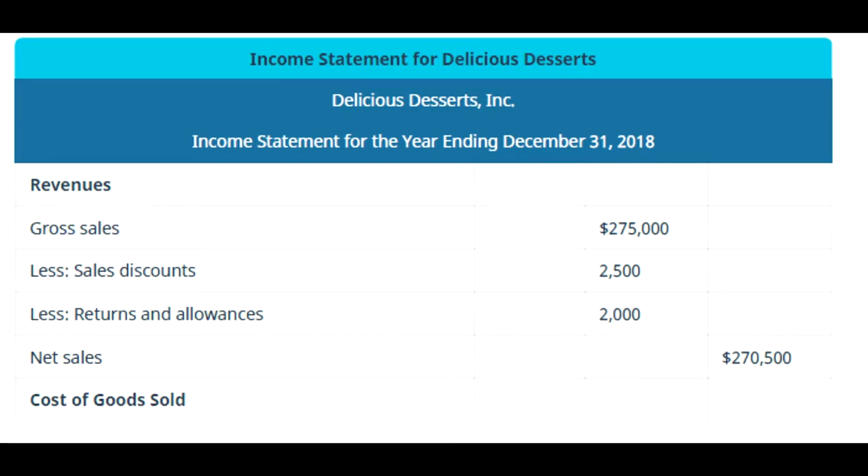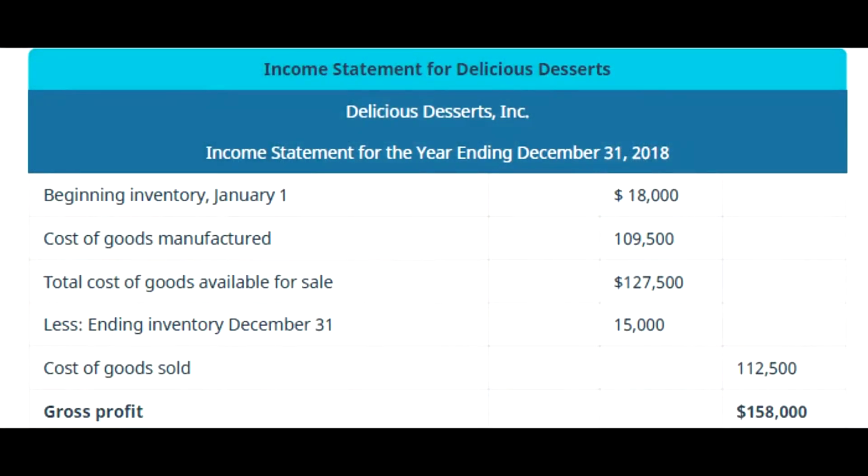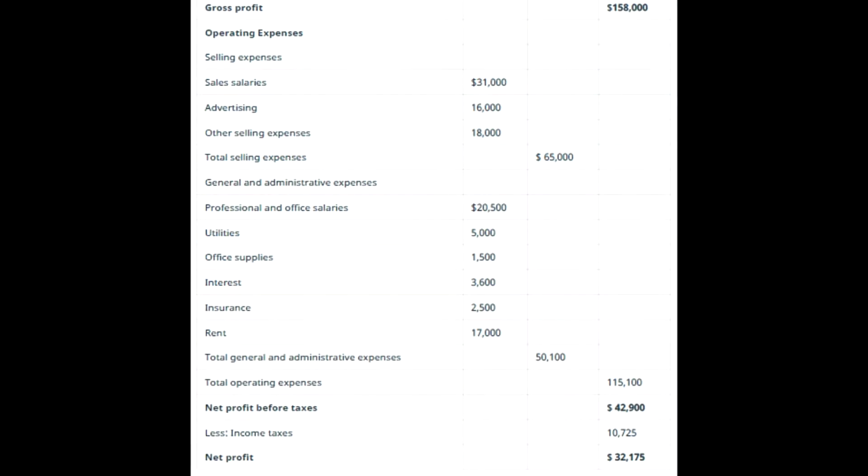Then they go into the overhead. So they look at how much inventory they have in there, the cost of the goods that they needed to produce. So you subtract that, and then you'll have gross profit. They also look at things like operating expenses, obviously, to break it down a little bit. That's also part of overhead.